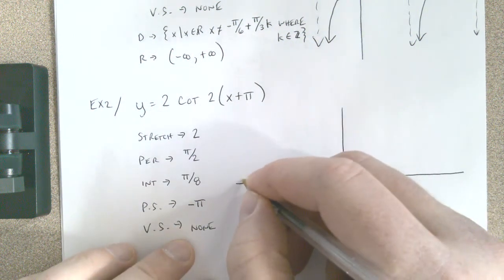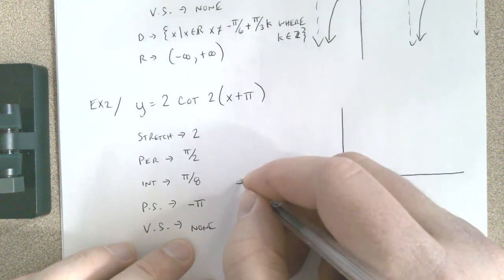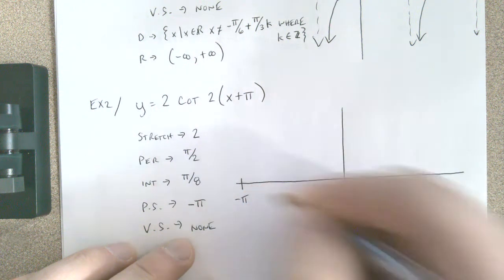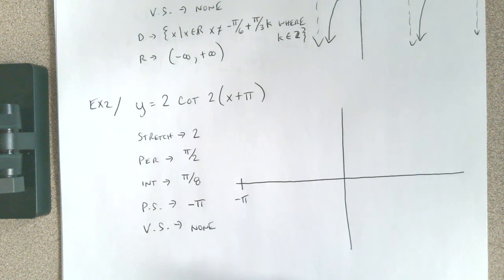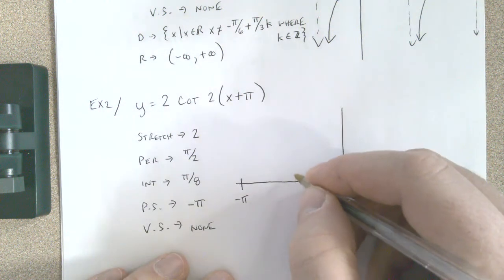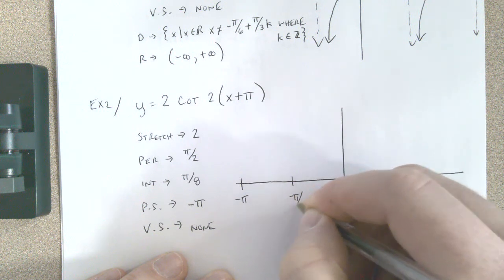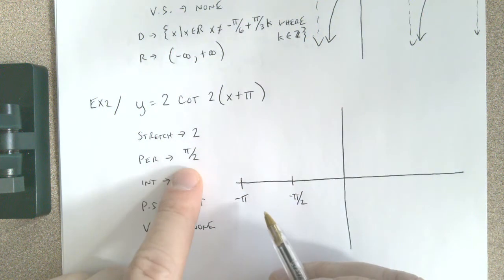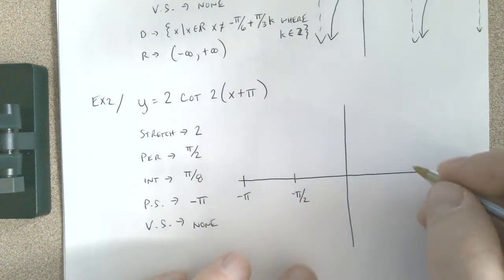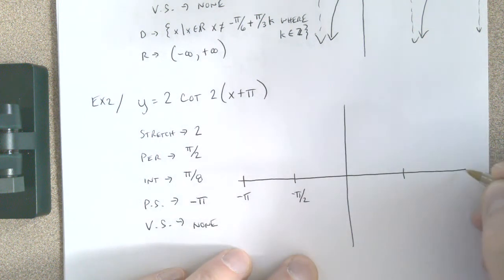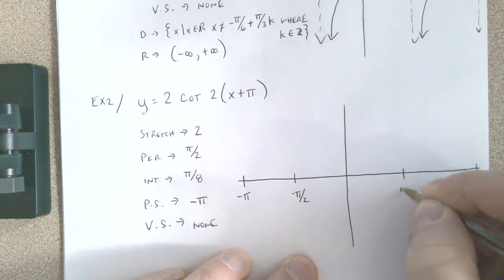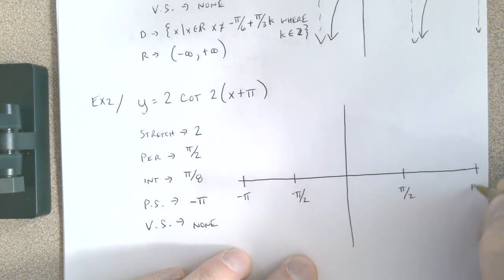So I'm just going to put, let's go out here to negative pi. Again, if we split that in half, we know that we're going to be at negative pi halves. We know that that's our period. And then just do the same thing on this other side, pi halves and pi.